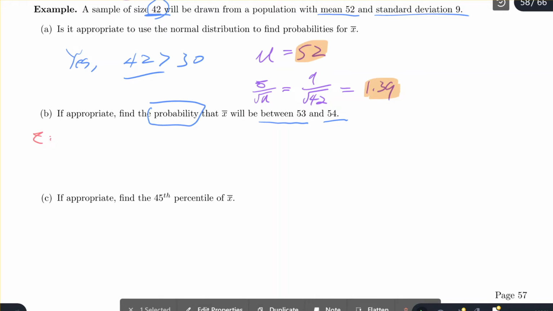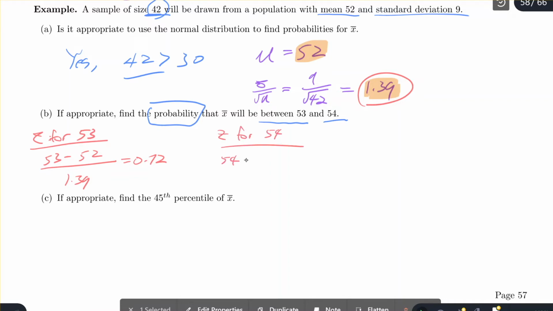Z for 53 is 53 minus the mean, 52, divided by the new standard deviation, 1.39, which gives me 0.72. Z for 54 is 54 minus 52 divided by 1.39. Let me highlight this standard deviation value again, because we cannot just use 9 here. We must use this one.